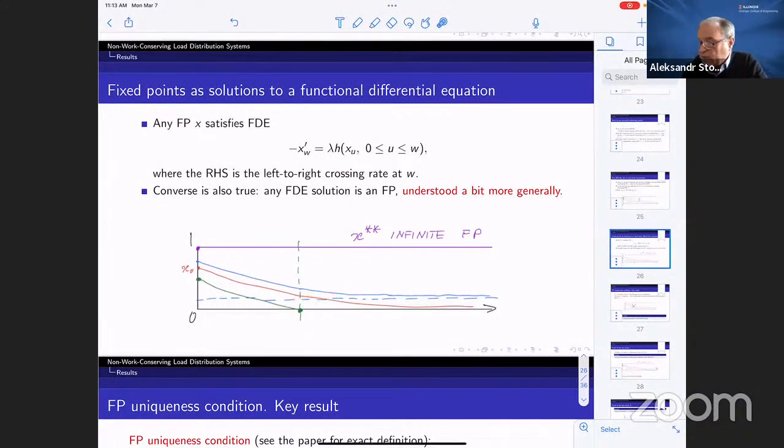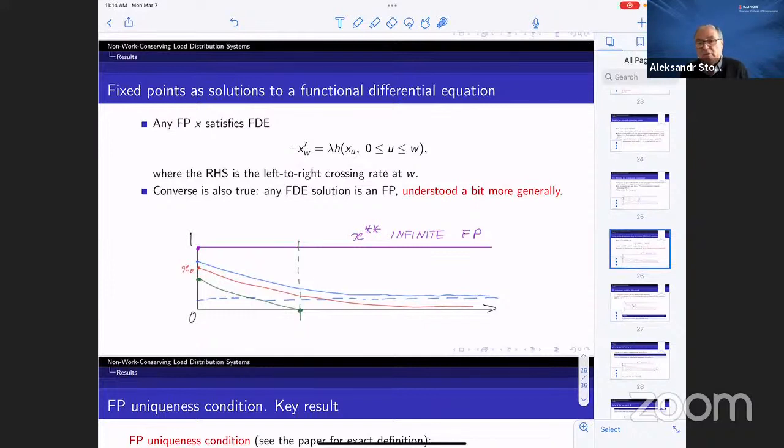This is the average number of particles which will cross point w if a job arrives into the system. A job can choose some servers, and some of the particles will jump over and some will not. So this is the average number of those which will jump. The fixed point satisfies this equation, but this equation holds for X of t in general.